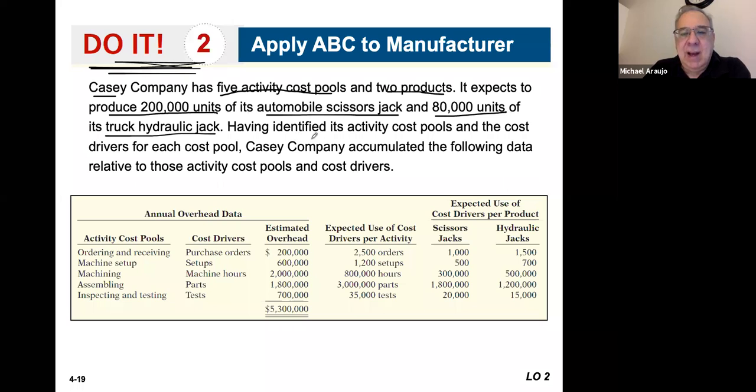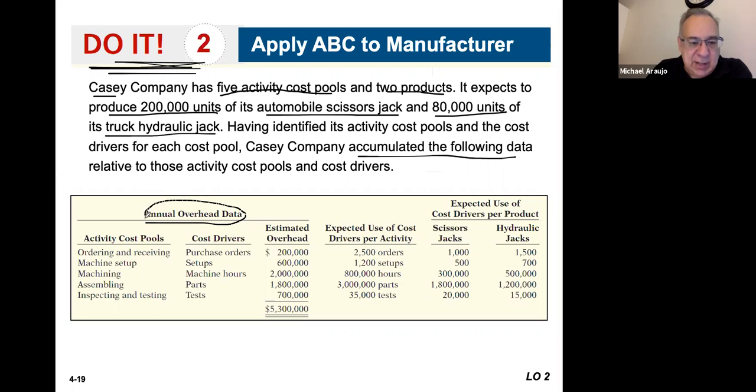Okay. Having identified its activity cost pools and the cost driver, Casey Company accumulated the following data related to them. So here's the data. Never argue with the data. So here's the annual overhead data. Here are the 5 activity pools that are listed. These are the main cost drivers in each of those pools.